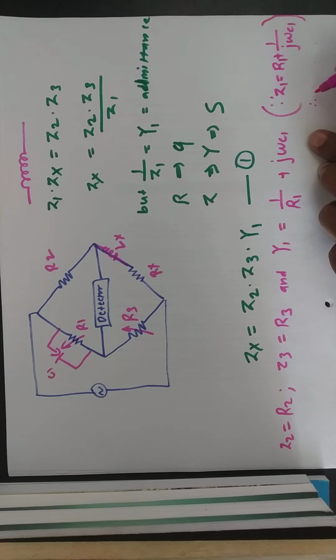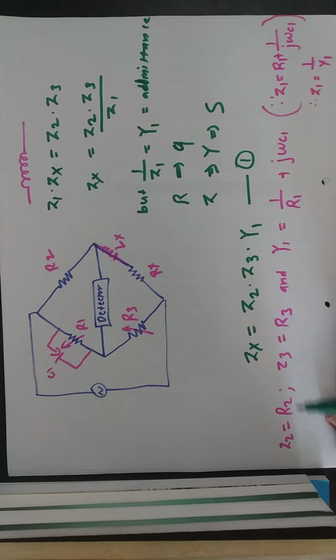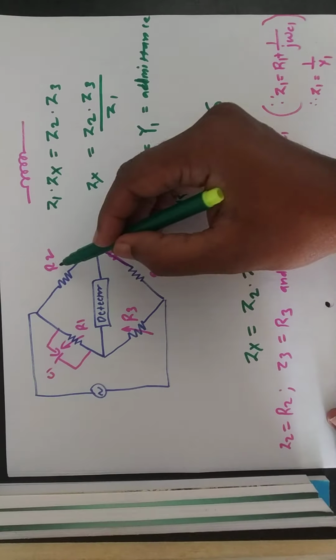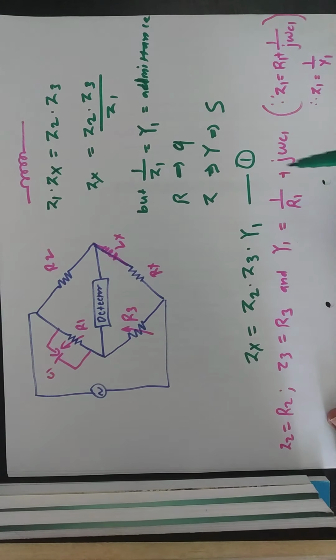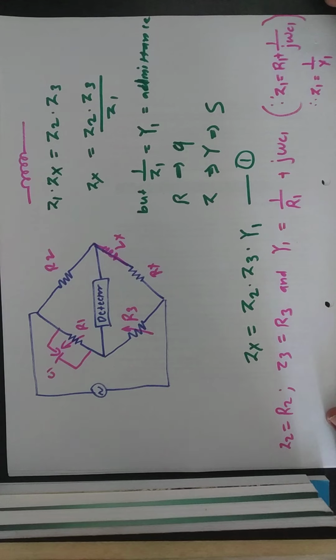So the Zx is equal to Z2 into Z3 into Y1, but we have Z2 equal to R2, Z3 equal to R3, and Y1 equal to 1 upon R1 plus j omega C1. And we substitute these values into equation 1.